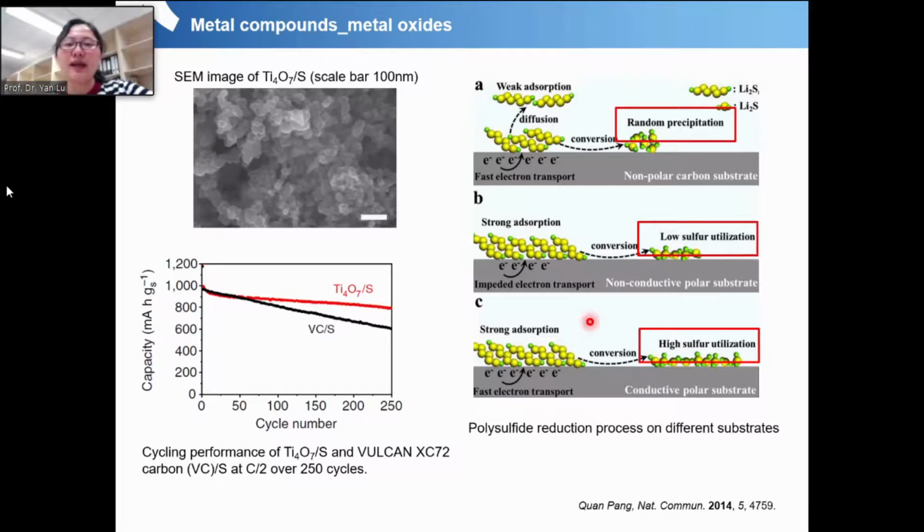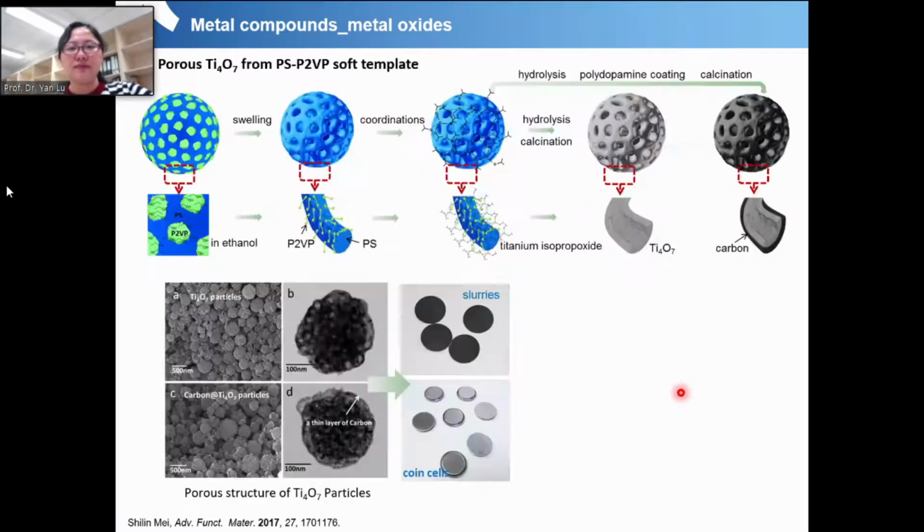However, if you can combine both, on one side the strong absorption ability for the polysulfide, so you can suppress this shuttle effect, and on the other side a conductive substrate, in this case titanium suboxide, then of course you have very high utilization of sulfur. So all these effects will give you promising results for lithium sulfur batteries.